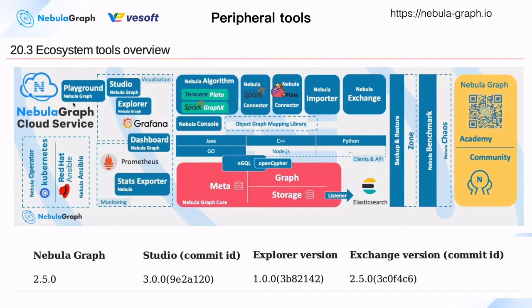The other one is called Nebula Dashboard, and literally it's a dashboard. It focuses on the observability and monitoring functions of the Nebula cluster. Previously we already provided an exporter, so you can work with it together with Prometheus.